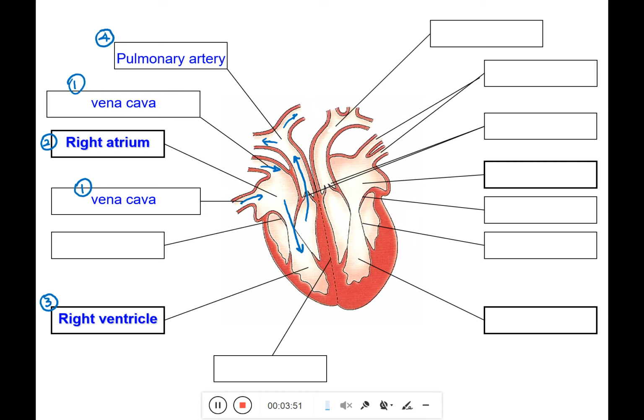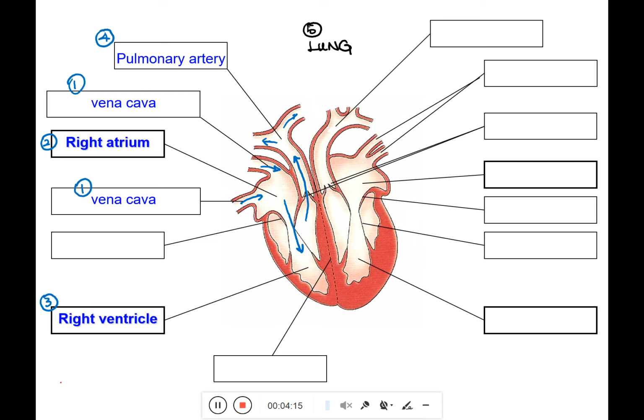The word pulmonary is always related to lungs. So then the blood will flow into the lung, that is not shown in this picture.